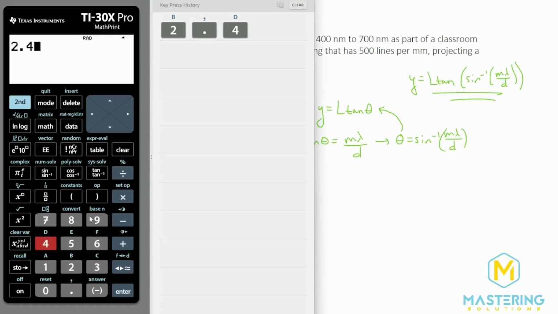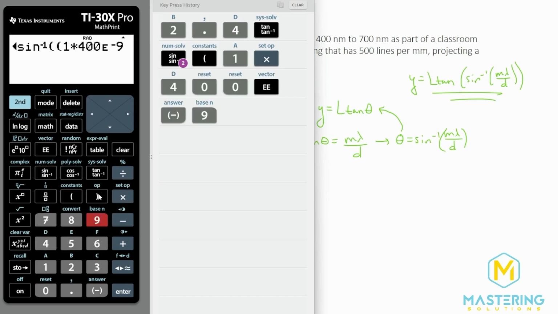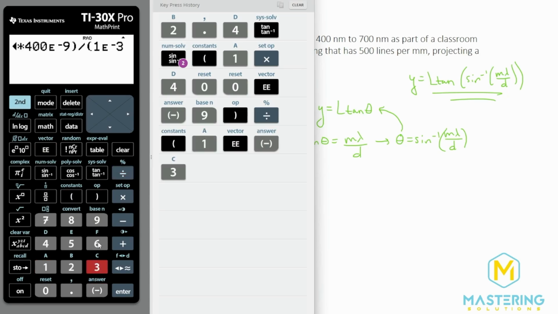We have 2.4 times the tangent of the inverse sine of 1 times 400 times 10 to the negative 9 meters. And then that's divided by d, which we said is 1 times 10 to the negative 3 divided by 500 lines.